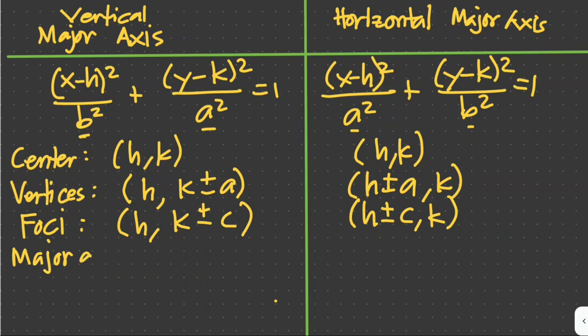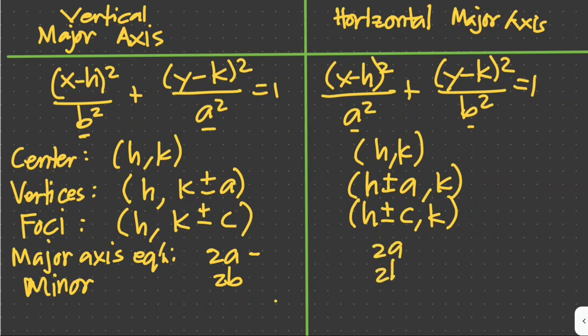So the major axis equation here, they're just the same. 2a, this is the length of the major axis, and then 2b for the minor.